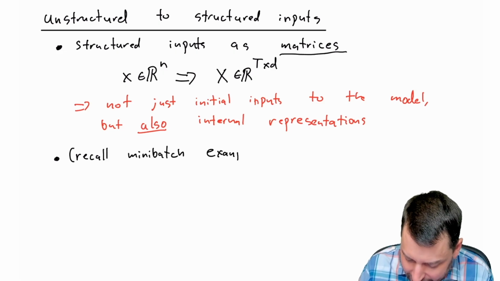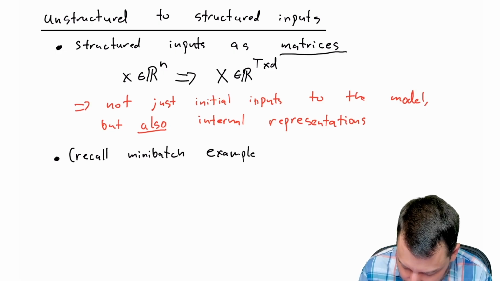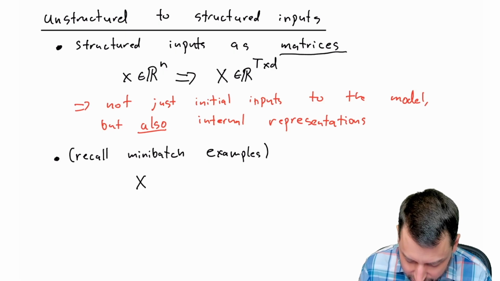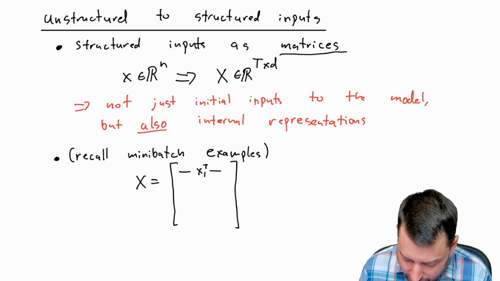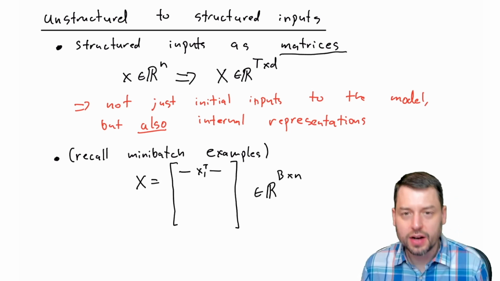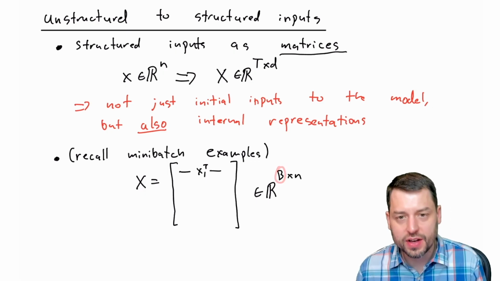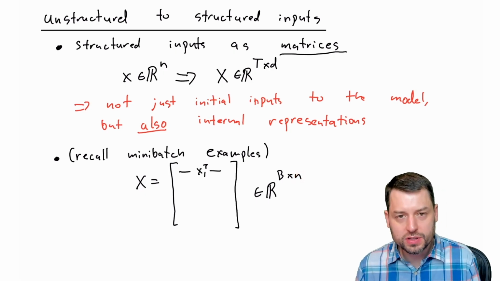We already had matrices, mini batch inputs, where we would take a big matrix X and store the individual elements as the rows. We called this a matrix that was typically B by N. I don't want to focus too much on the indices here, but B was the number of elements in our batch, and the number of rows was the number of inputs.